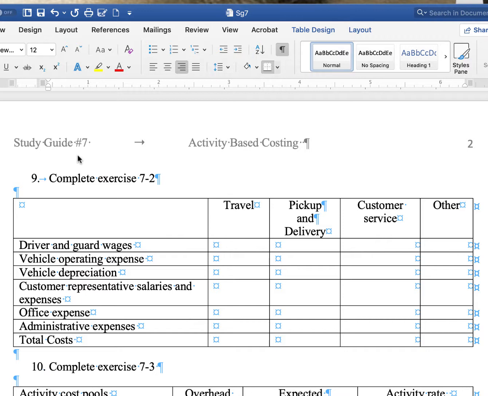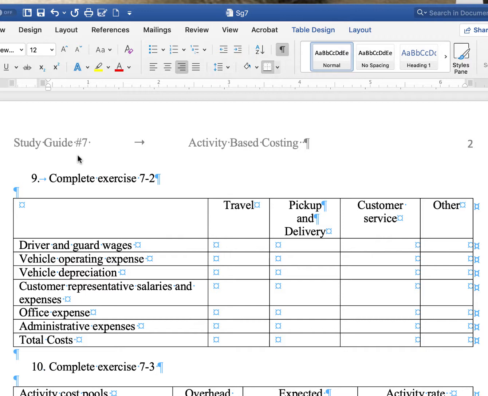In your book, if you're looking at page 342, underneath the verbiage of the following costs will be assigned using an activity-based costing system, they give us the activity cost pools of driver and guard, vehicle operating expenses, vehicle depreciation, customer representative salary expense, office expense, and administrative expense. They give us all the costs. These are all the overhead.